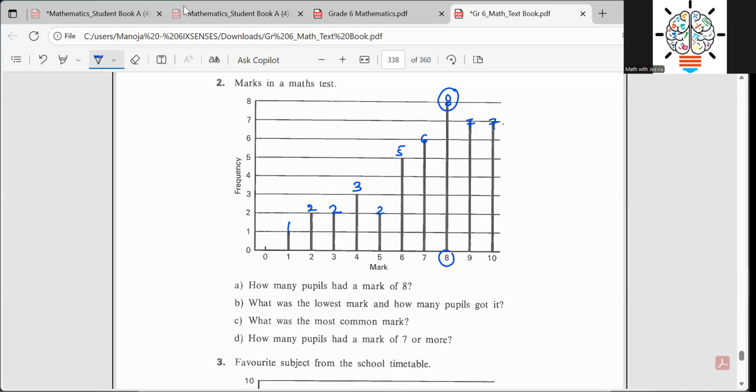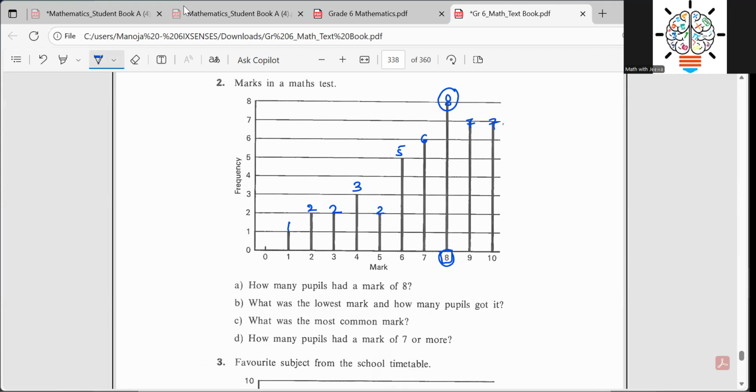So don't confuse this, because 8 and 8, right? You should understand how many pupils had a mark of 8. Or else, what is the height of the bar? It is up to 8. That means there should be 8 pupils who got 8 marks.